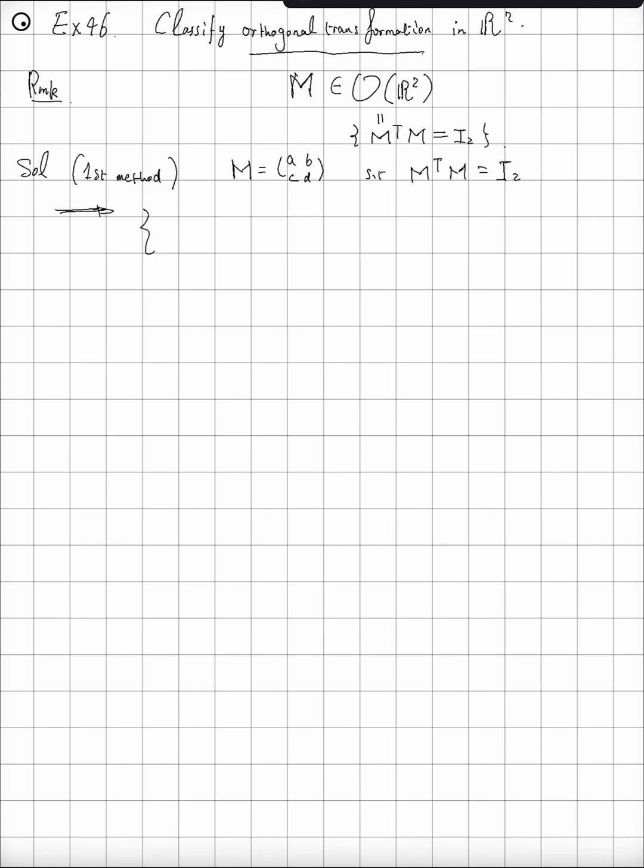You will see that a squared plus c squared equals 1, b squared plus d squared equals 1, ab plus cd equals 0, and then you could see that there exists some theta such that a equals cosine theta, c equals sine theta, and correspondingly some theta prime, b equals cosine theta prime, d equals sine theta prime.